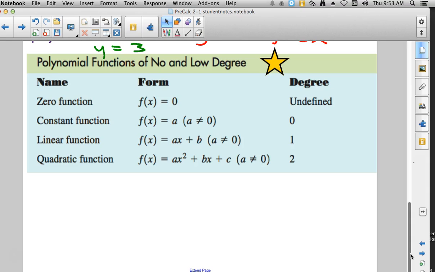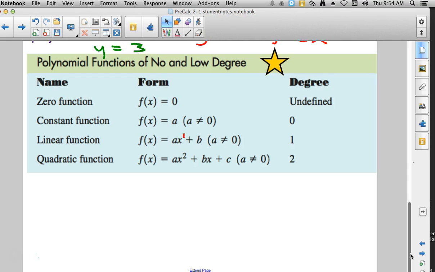That one is kind of weird because we say that the degree is undefined. Even though you think of it as 0x to the 0, so the degree should be 0, it's special. So we say the degree there is undefined. But when we have an actual number, y equals 3, y equals -7, that we say has a degree of 0. Then, linear functions, little imaginary 1 up there.